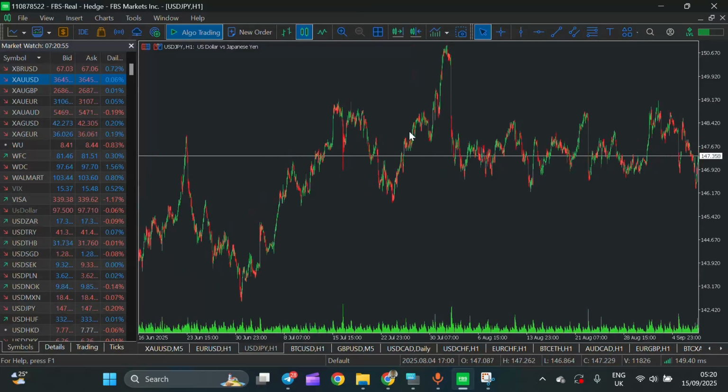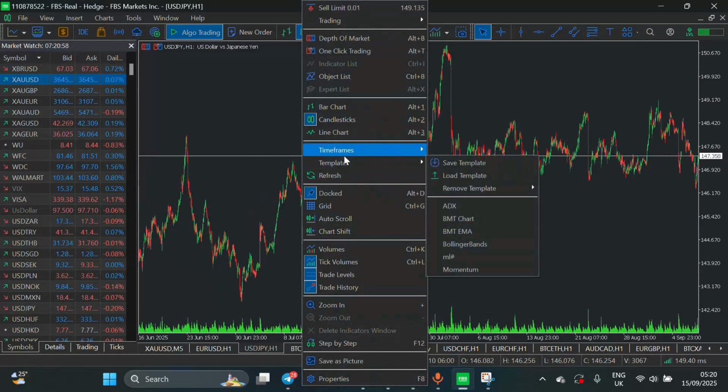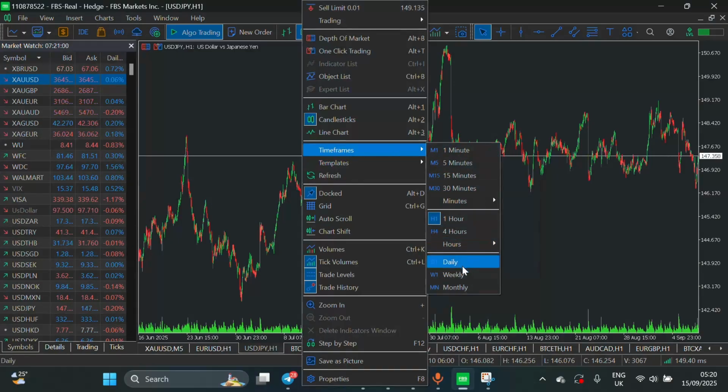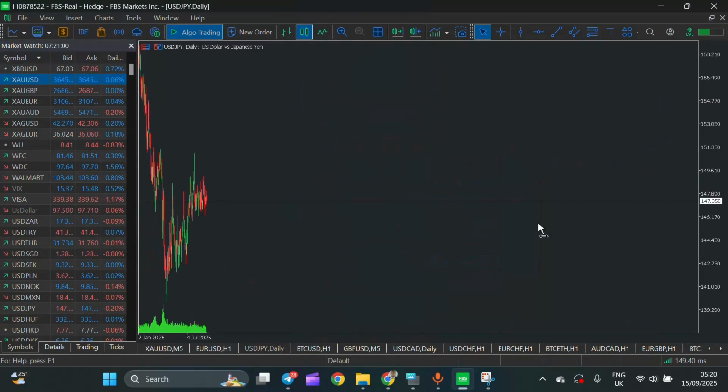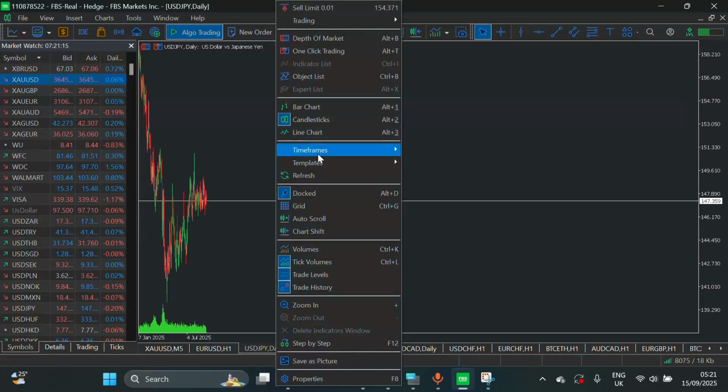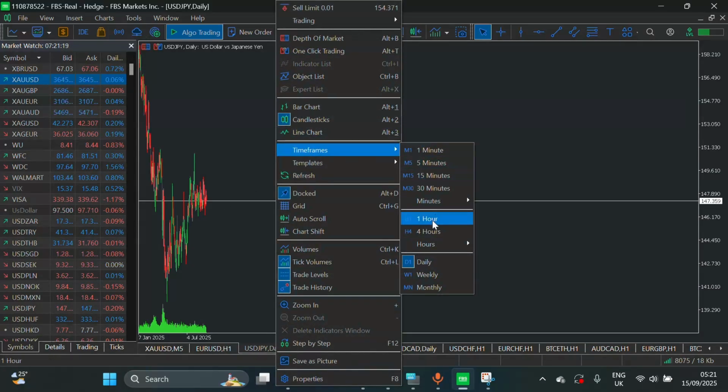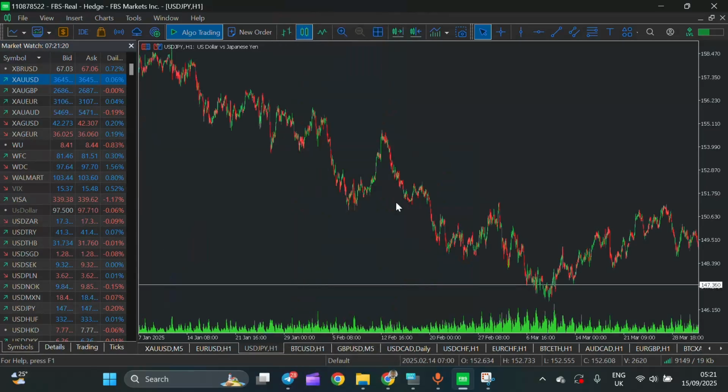So let's just check the D1 first before we go further. You're seeing right now a very strong trend downward, and then an upward reversal, right? Then following a consolidation. So going back to H1.